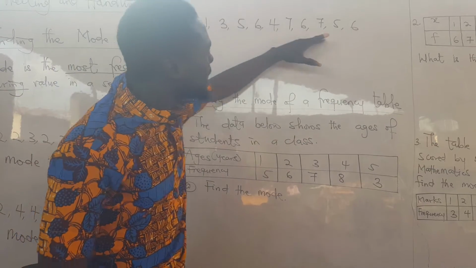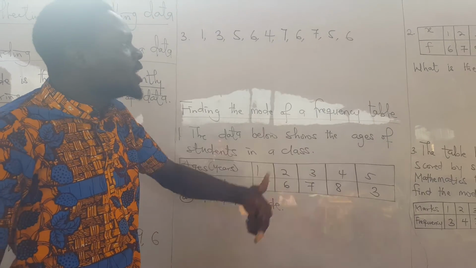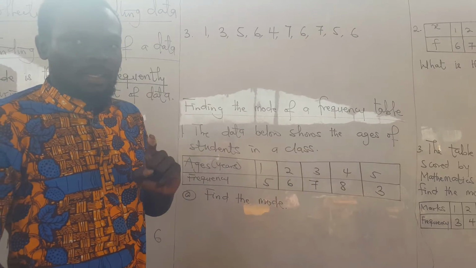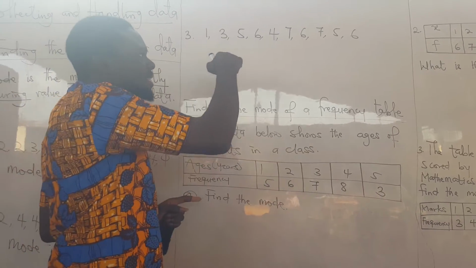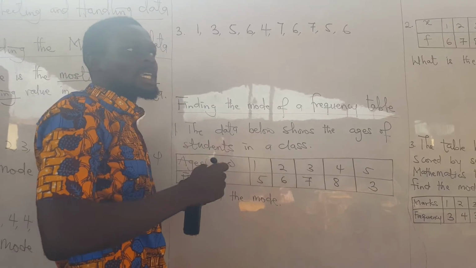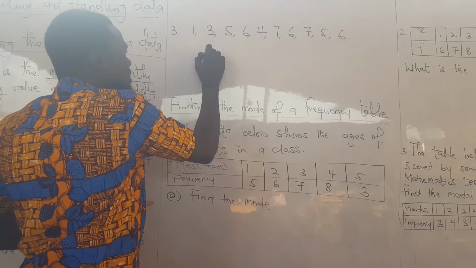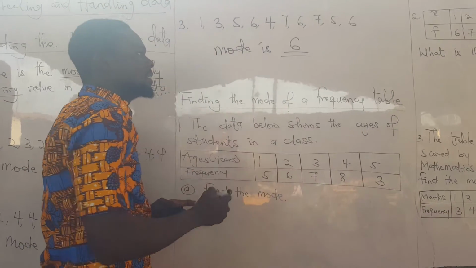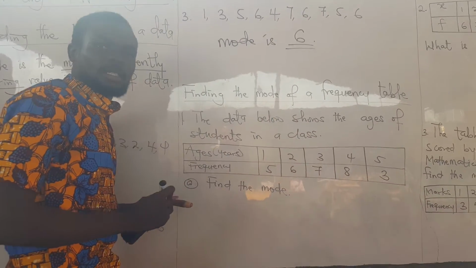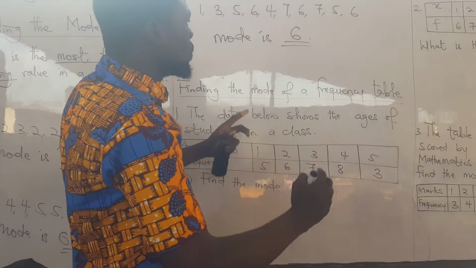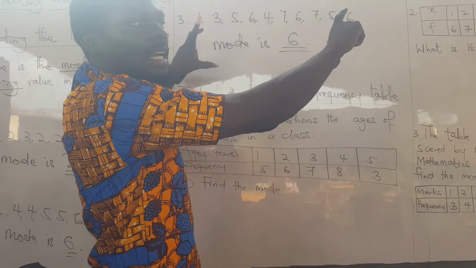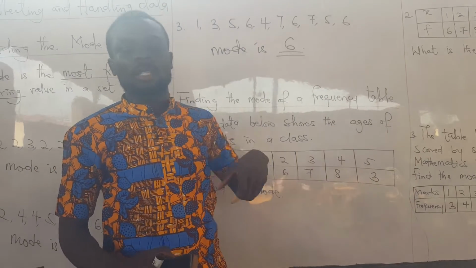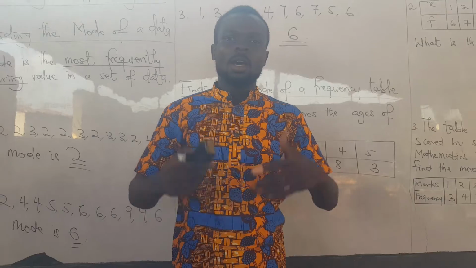When you look at this set of data, the value that occurs most is 6. So because 6 is the value that occurs most, we can say that our mode is 6 in this given data. When you are asked to find the mode, you just fish out the value which occurs most.